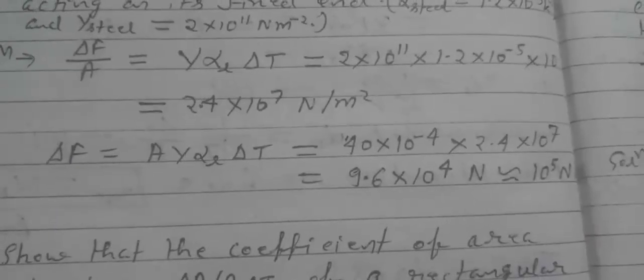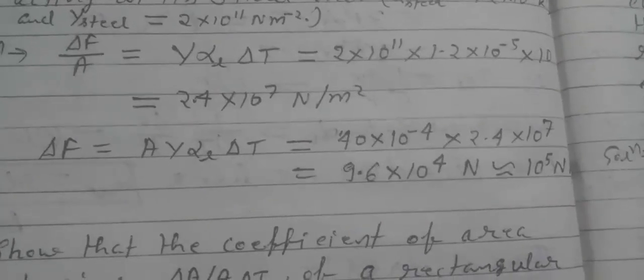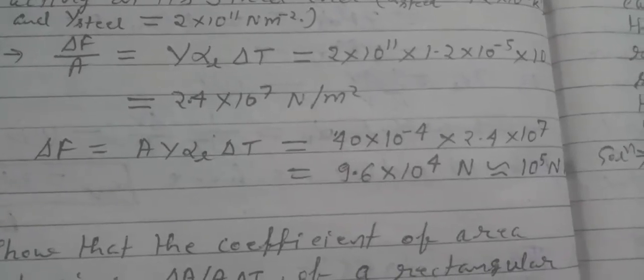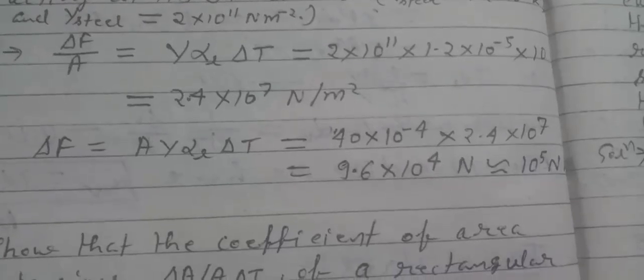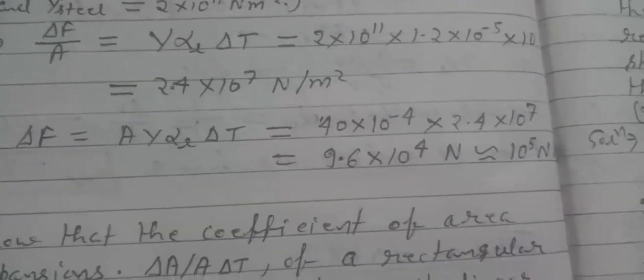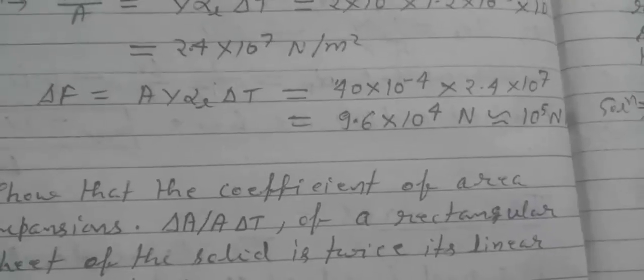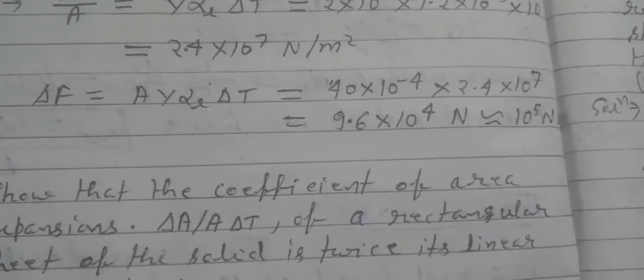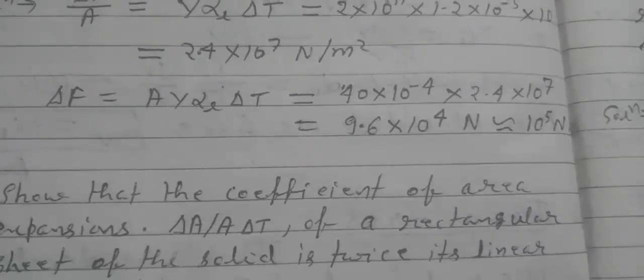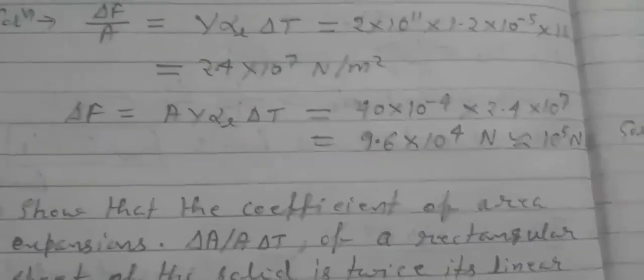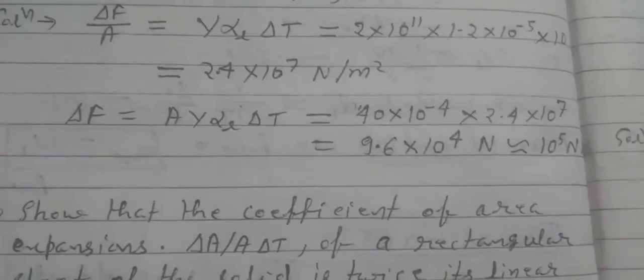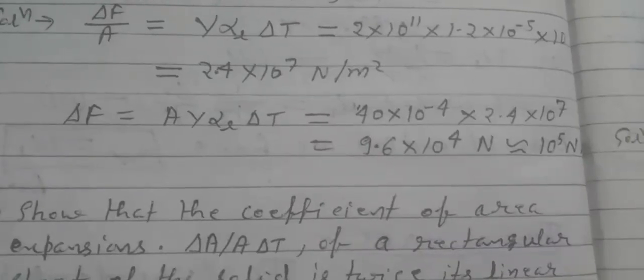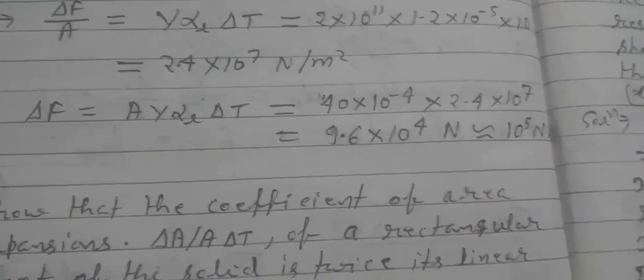Hence delta F equals A into Y into alpha L into delta T, equals 40 into 10 to the power minus 4 into 2.4 into 10 to the power 7, equals 9.6 into 10 to the power 4 Newton, approximately 10 to the power 5 Newton. Thus, the stress developed in the rod is 10 to the power 5 Newton.